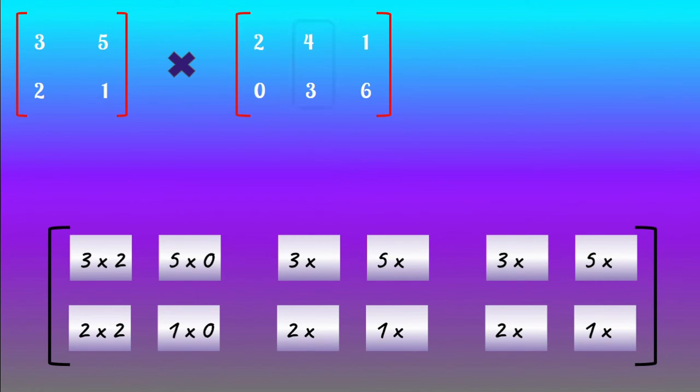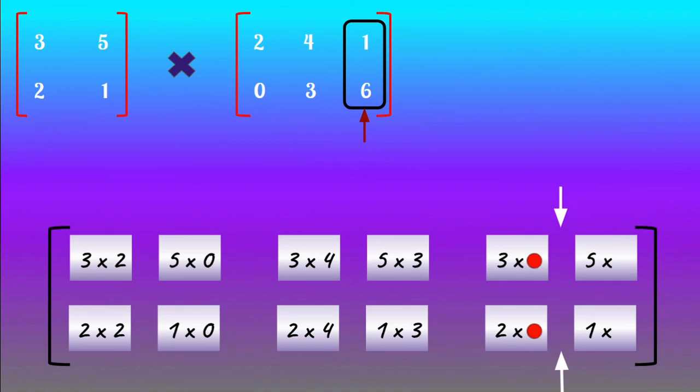Then we take the values on the second column of the multiplicand matrix and arrange them along the second column in our resulting matrix, placing the first value 4 here, then the second value 3 here like this. Finally, we take the values on the third column of our multiplicand matrix and arrange them along the third column of our resulting matrix, placing the first value 1 here, then the second value 6 here like this.